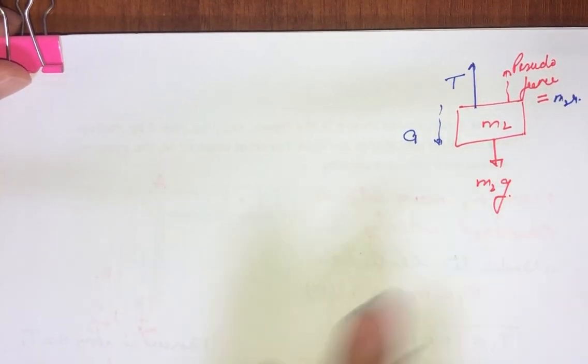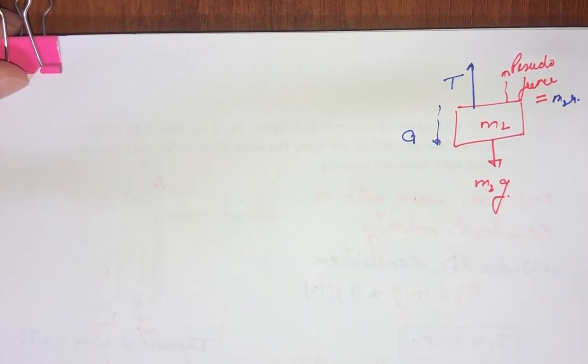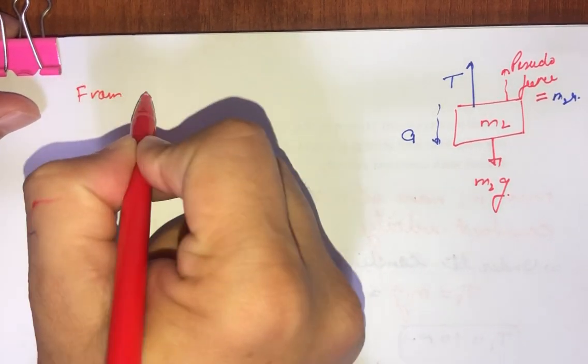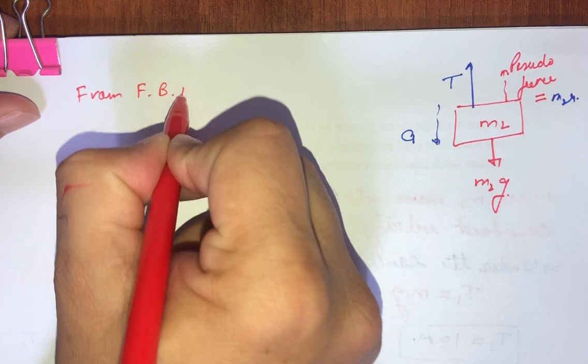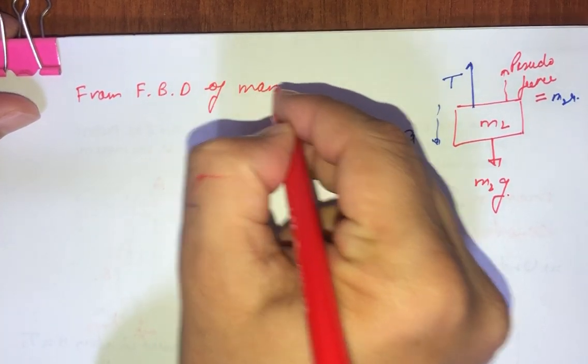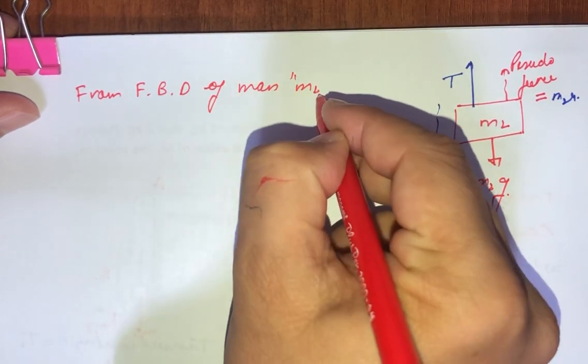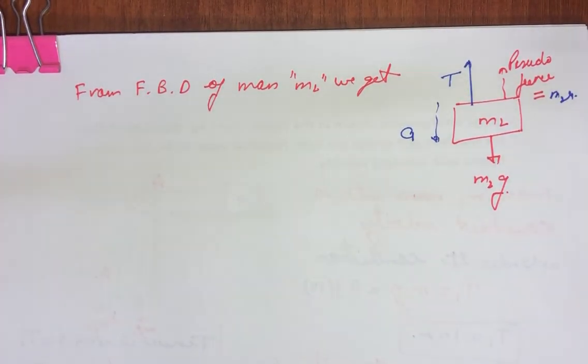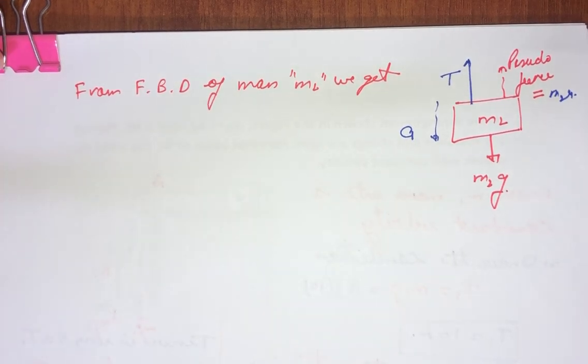So from the free body diagram of mass M2, we write all the values.